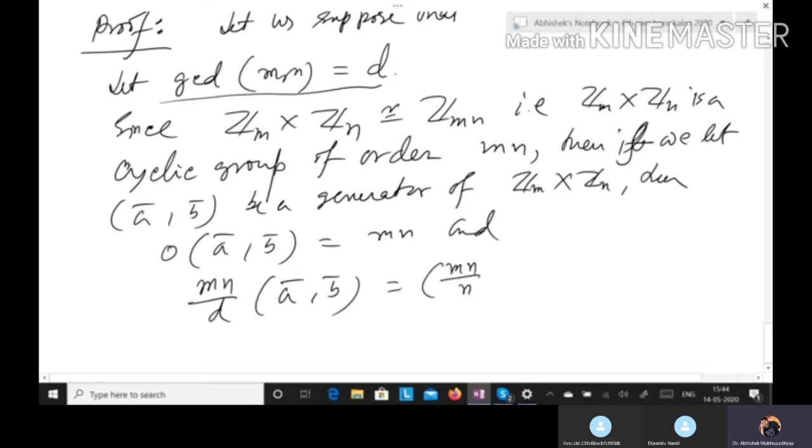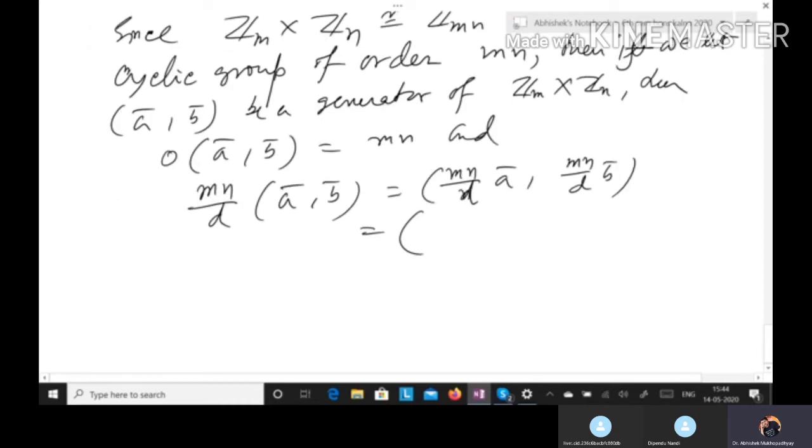We shall get mn by d a class, mn by d b class. Now for the first case, we write it down as N by d m a class, and the second one will be written as n b class.